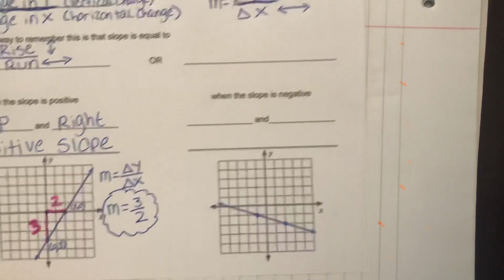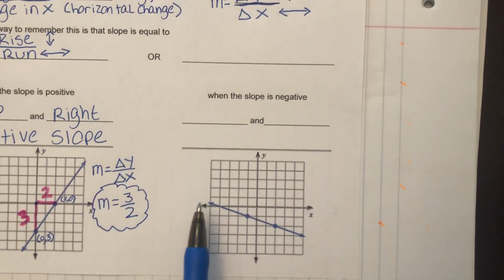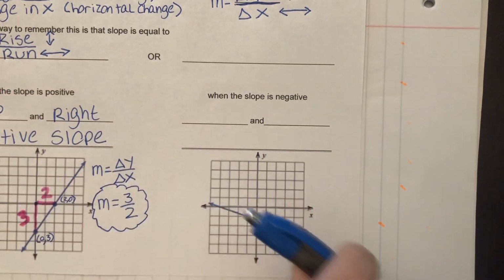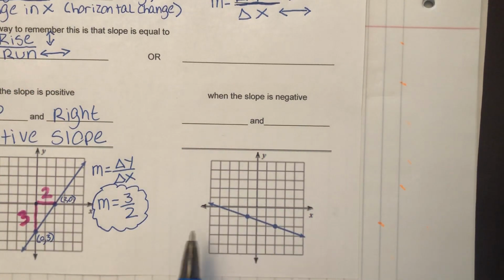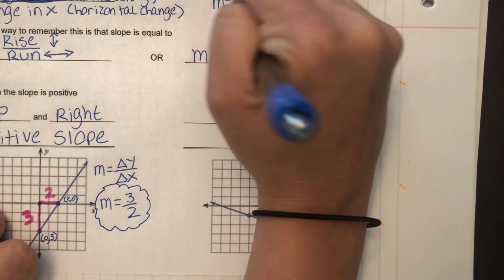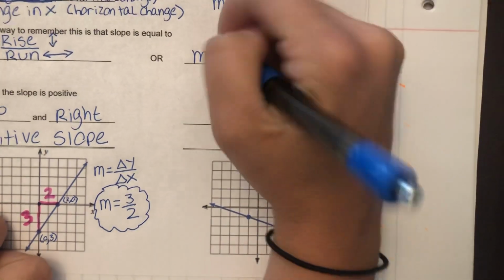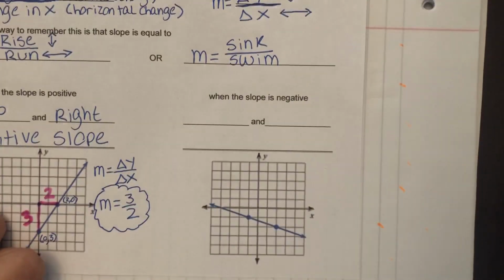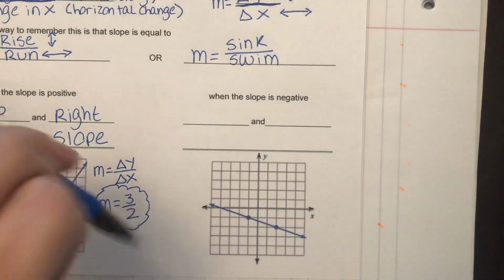Now, if we have a negative slope, we can see that this line is going down, so Slope Dude would be going down the mountain. So that's nice, negative, nice, negative. When it is a negative slope, you would calculate the sink over the swim. So if you're sinking, you're going down. This is a negative slope.